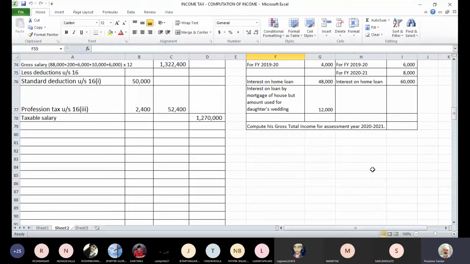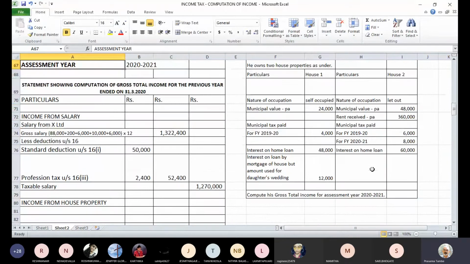Now there is one more head of income that we will discuss today, and that is income from house property. So let us start computing the income from house property in this case. For income from house property, the assessee has given the details of two properties, house number 1 and house number 2.